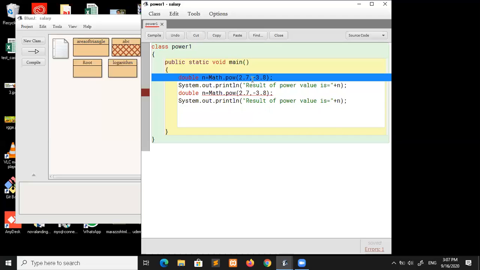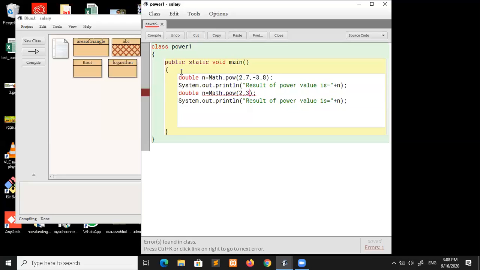So the first number is my initial value, and minus 3.8 is the power value. Suppose I take 2 to the power 3, 2 to the 4, 4 to the 8, yes or no? I'll show you both the possibilities.